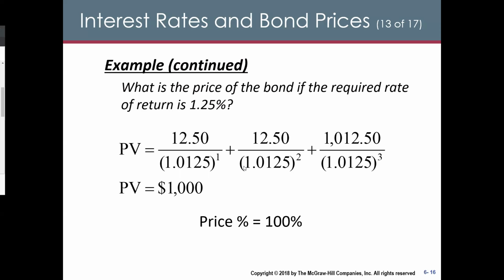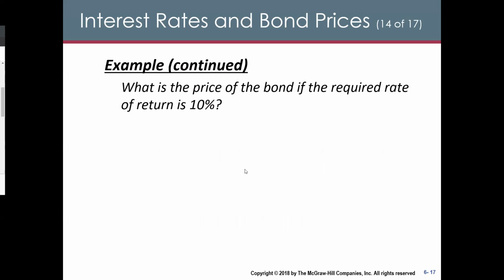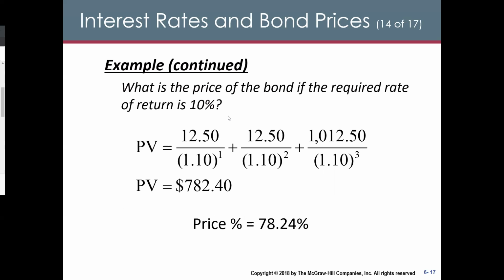Next, let's change the required rate of return again. What if the required rate of return is 10%? Same calculation as before, but this time instead of using 1.25 or 1.194 as discount rate, we use 10% as discount rate.